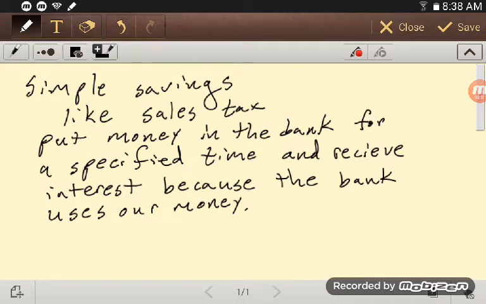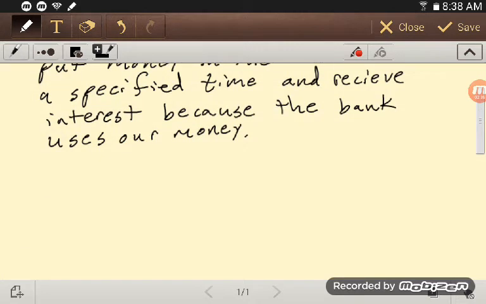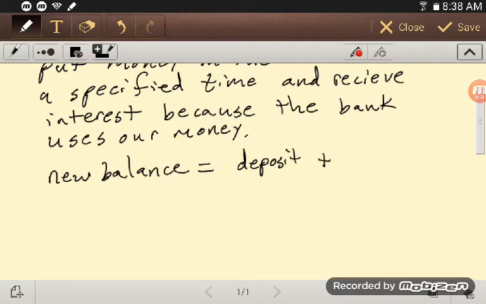Again, just like sales tax. So in this case, our new balance, not to be confused with the tennis shoes, our new balance is our deposit plus the interest on that deposit. Okay, so that's what we do.